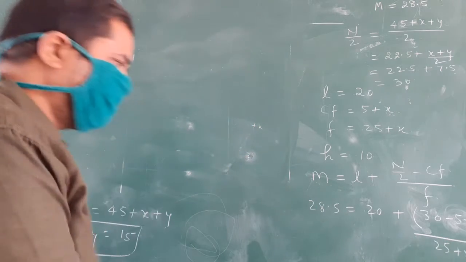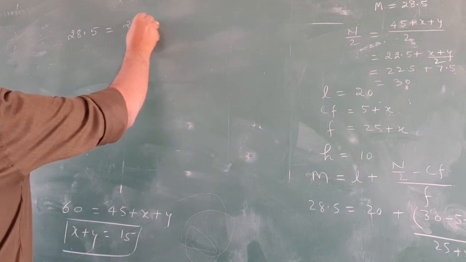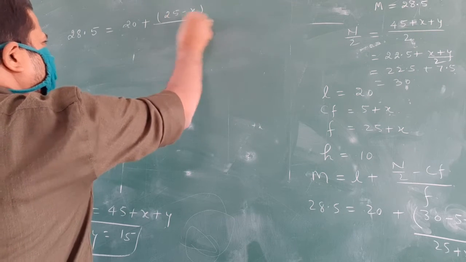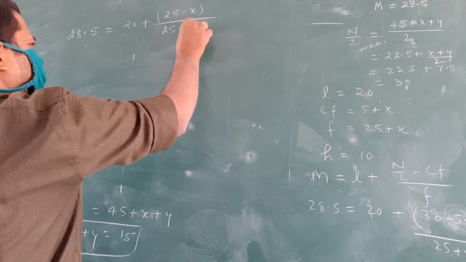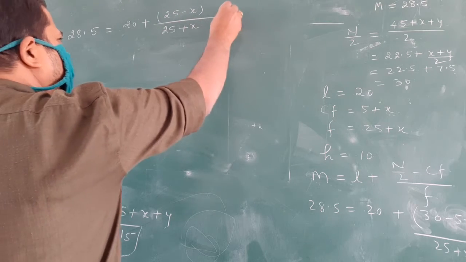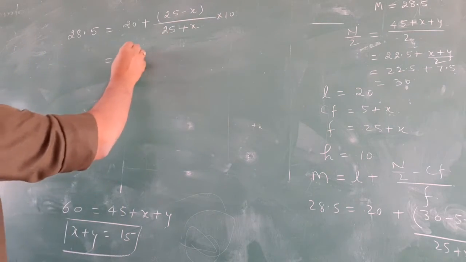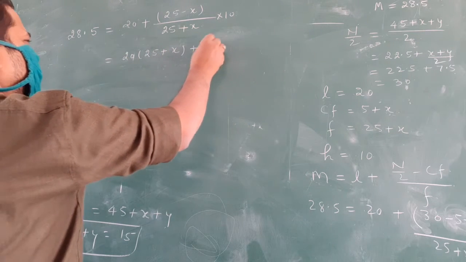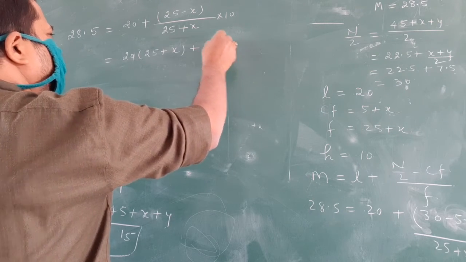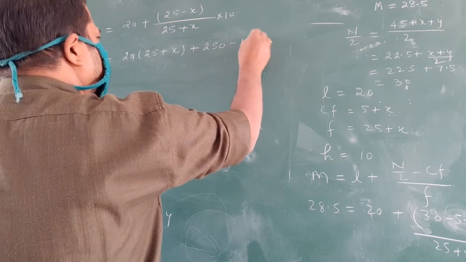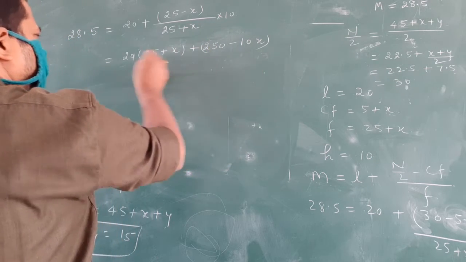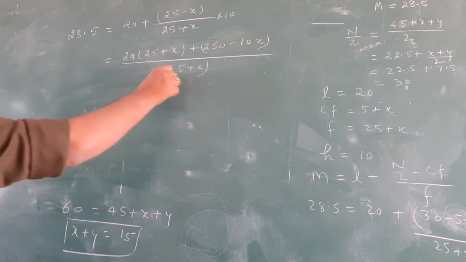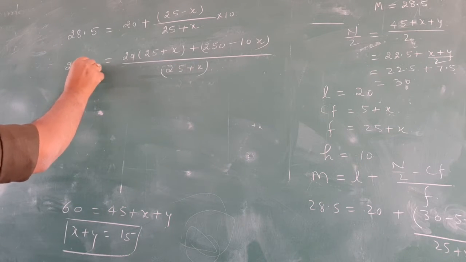This is 20 plus (25 minus x) divided by (25 plus x), into 10. So this is nothing but 20 into (25 plus x), only calculation is there, plus 250 minus 10x, divided by 25 plus x. And this is nothing but 28.5.